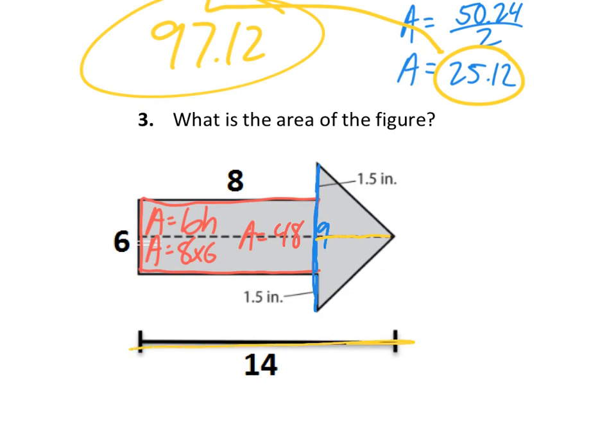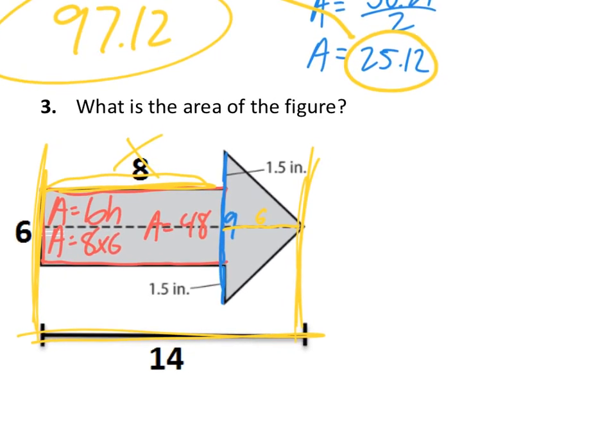I know that the entire figure is 14 units long. I know that this portion right here is 8 units long. So if I do 14 minus 8, I will get a height of 6. Again, this whole thing is 14, and I'm going to take off this part right here, and that's where I'm getting my 6 from.